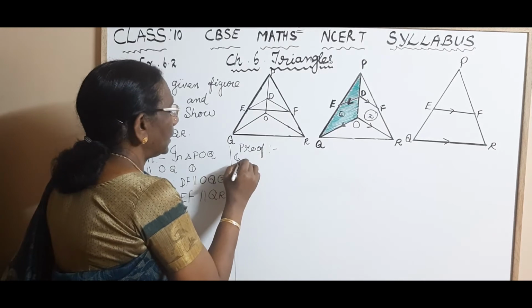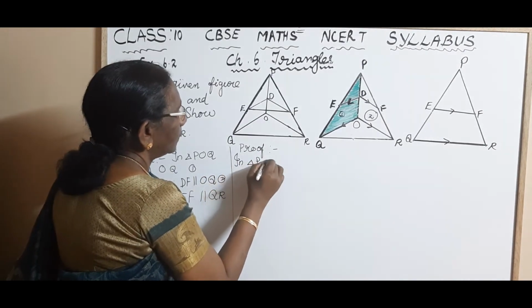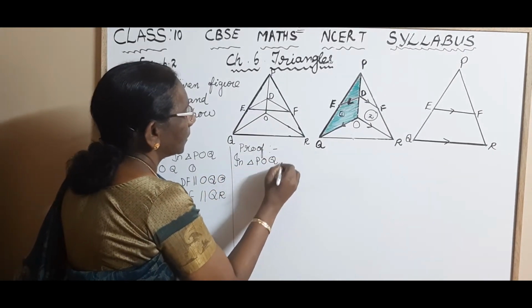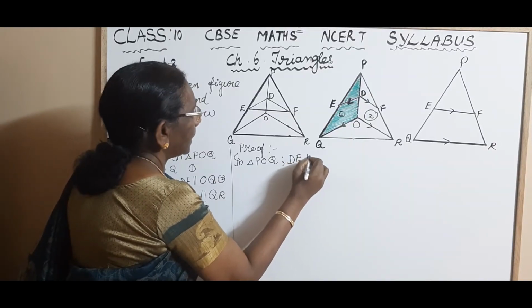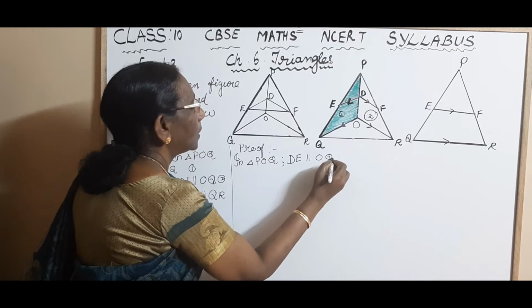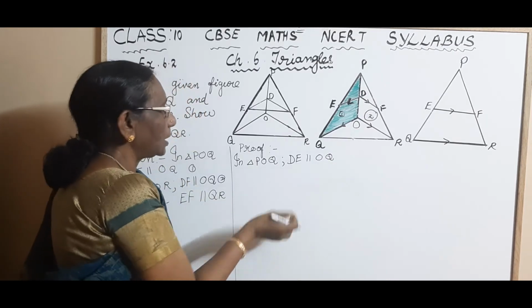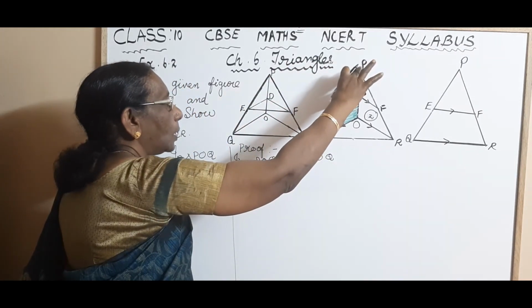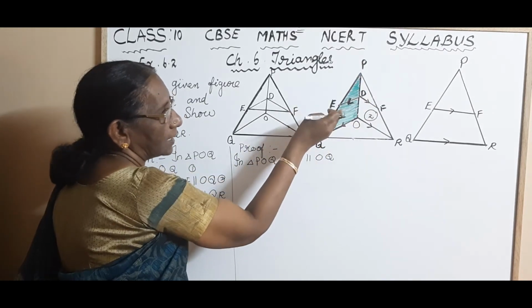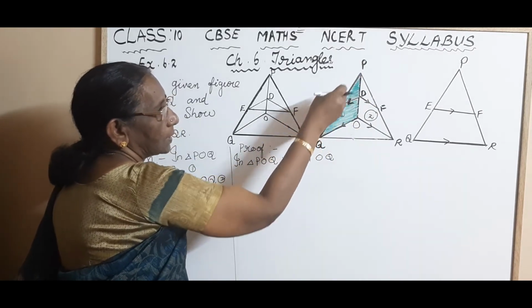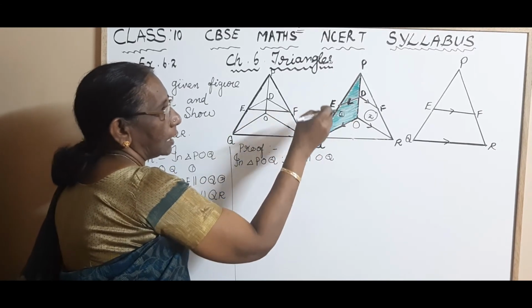In triangle POQ, DE parallel to OQ. So, by applying BPT, this is the green shaded triangle. We are first considering the triangle which is shaded with green color.